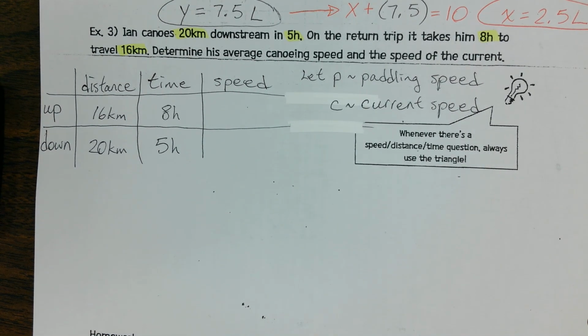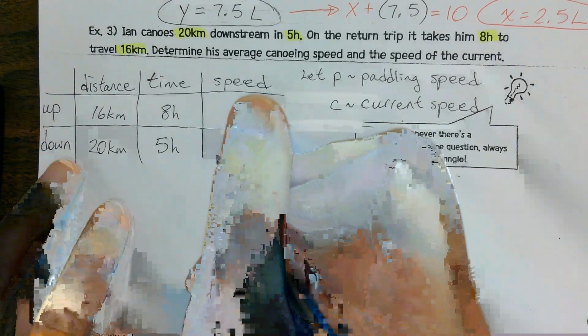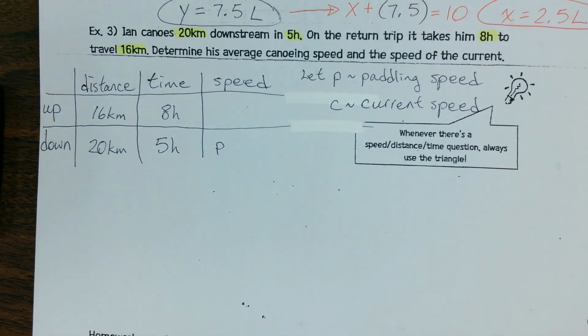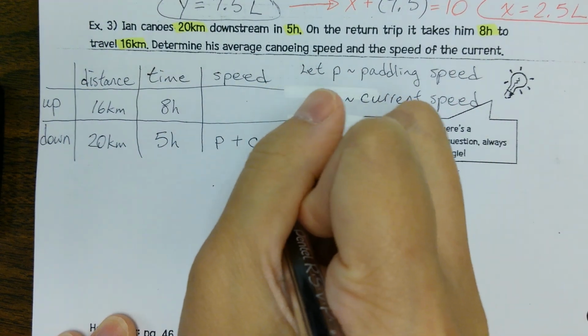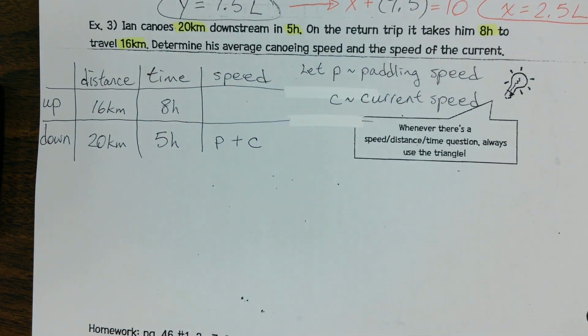Okay, so when you're paddling downstream, you have your speed, but what else? The current speed, to help you or to go against you? To help you. So what happens to my speed then? Faster. So your speed is P plus C because you're going with the current.